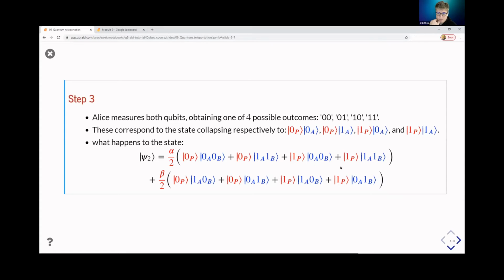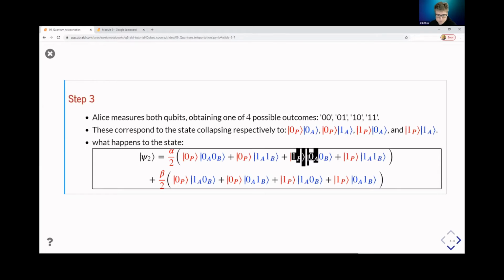Yeah, 1, 0, 1 and 1, 0, 0. And that corresponds to this term here. Okay. 1, 0, 0, and 1, 0, 1. Where's 1, 0, 1? Here. Here's where we're going. Okay. So with each possible measurement, the state is going to collapse to just 2.